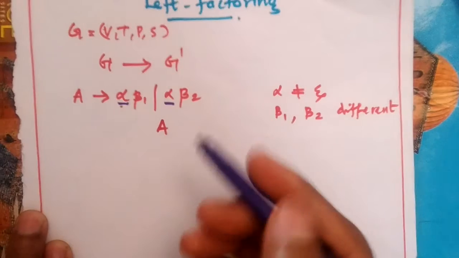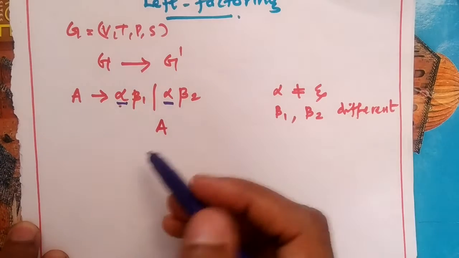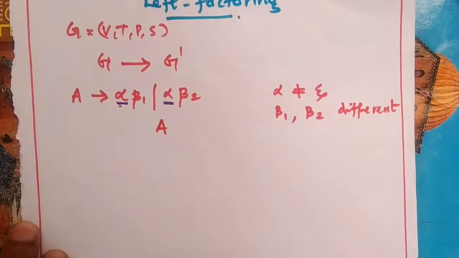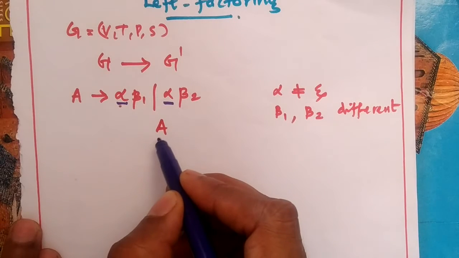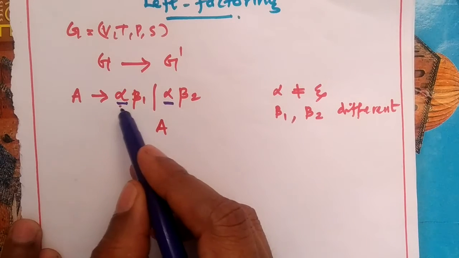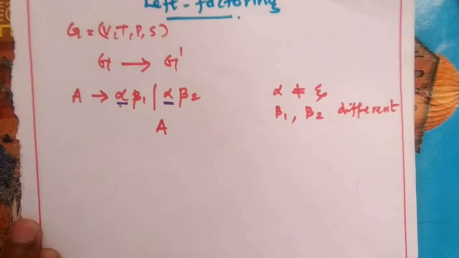We have a non-terminal A, and we are expanding A by using the productions available in G. That means we are constructing a parse tree rooted at A. I can use either alpha beta 1 to expand A, or alpha beta 2.